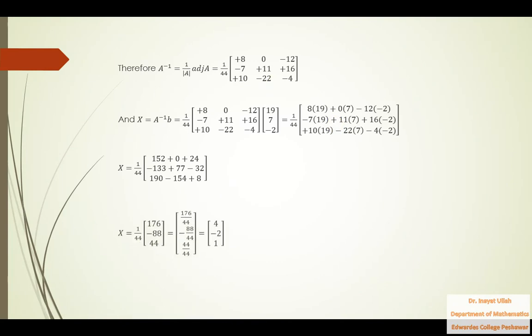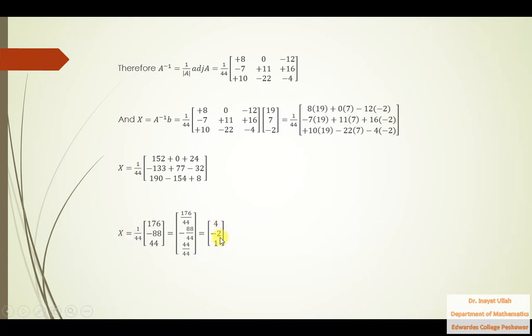More simplification will give you 1 by 44, 152 plus 24 is 176. Now multiply this 1 by 44 inside. Whenever you multiply this with that, 176 will be divided by 44. All these elements will be divided by 44, and we'll get 4 minus 2 and 1.